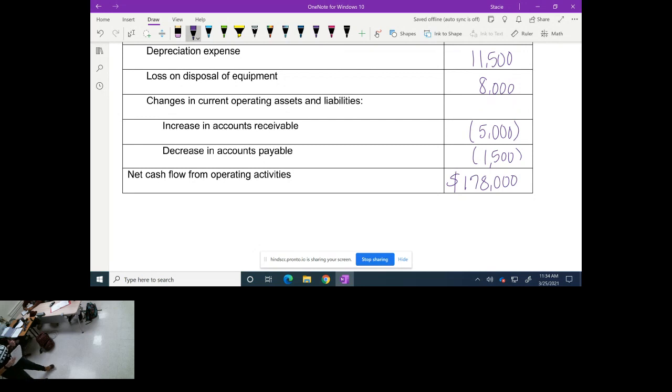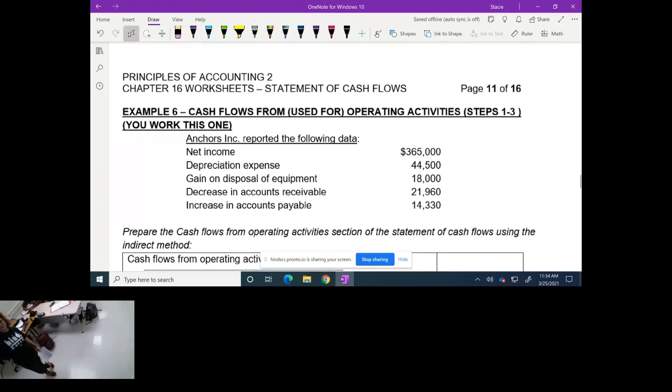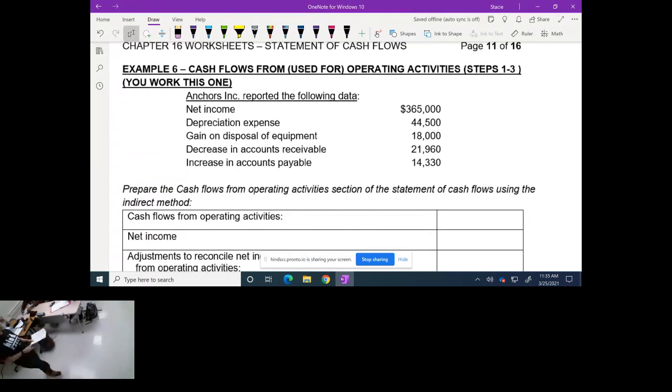We're not used to adding back a loss, that's supposed to be something that comes out. But we're trying to take our net income and convert it back to cash. It's just different from anything you've done before. It is confusing, so don't let that throw you too much. All right, this next one, y'all try to see how you do on that one.